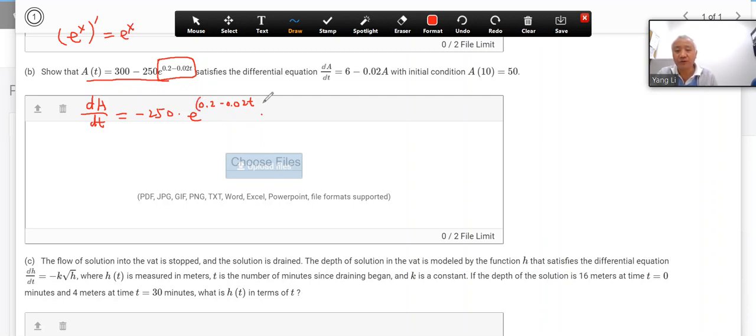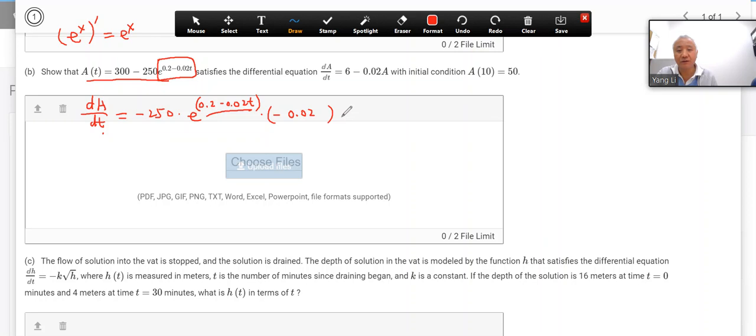But here, since we have e to the t, we need the chain rule, so you multiply by the derivative of the exponent, which is negative 0.02. The t is gone already.